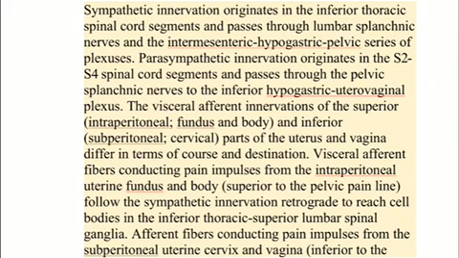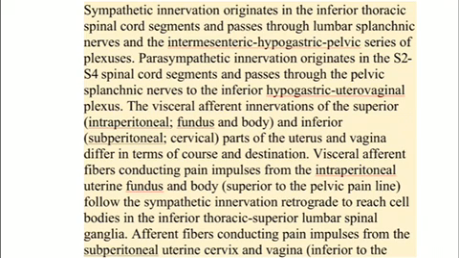The parasympathetic innervation passes through the pelvic splanchnic nerves to the inferior hypogastric and the uterovaginal plexus. The visceral efferent innervations of the superior part, that's the fundus and body of the uterus, and the inferior part, which is the cervical part of the uterus, and the vagina, actually vary in terms of course and destination.